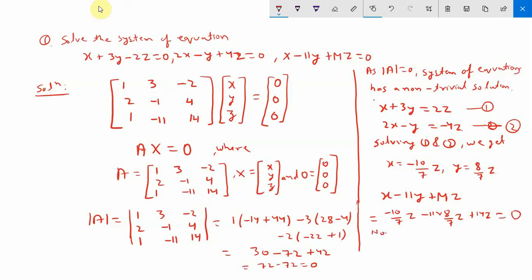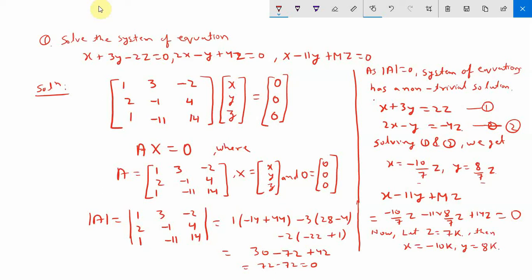Now we can assume z equal to 7k, as x and y have 7 in the denominator, so we will consider z equal to 7k. Then we will have x equal to minus 10k and y equal to 8k.